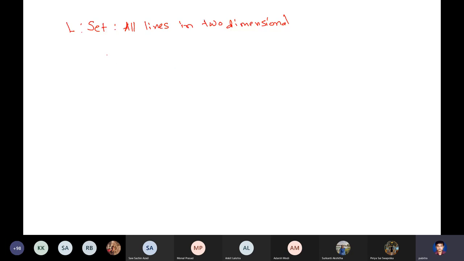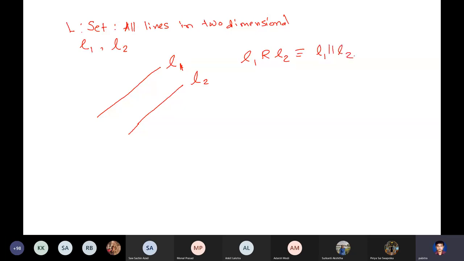And so let's say L1 is a line, L2 is a line. We'd say that L1 is related to L2 if L1 is parallel to L2.